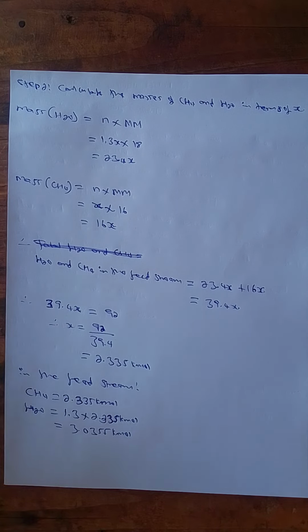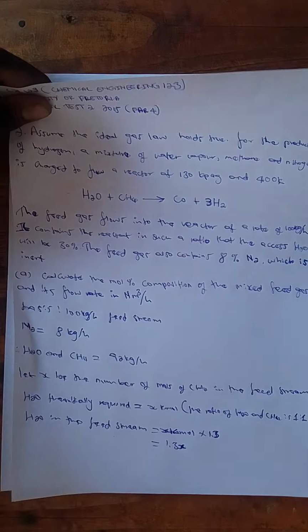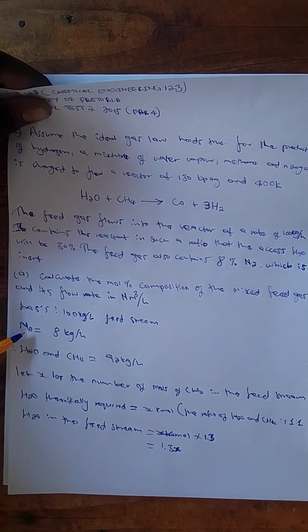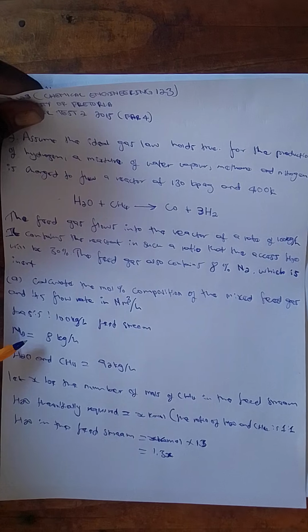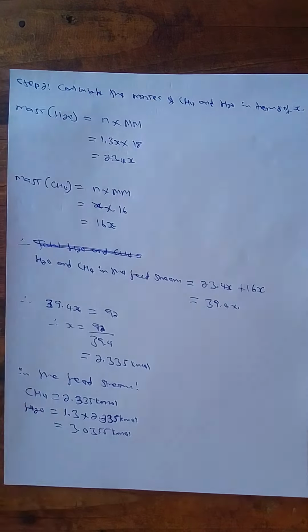So now we have the analysis of the feed stream. We know the water in the feed stream, even including the 30% excess. We know the methane in the feed stream. And we already knew the mass of the nitrogen, so we can easily calculate the moles of nitrogen.